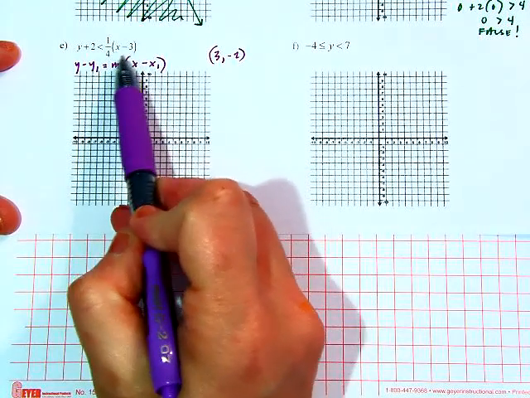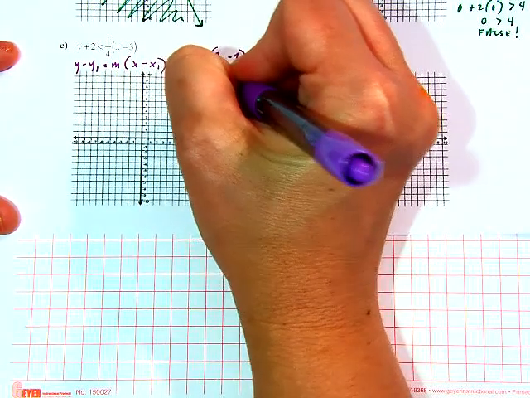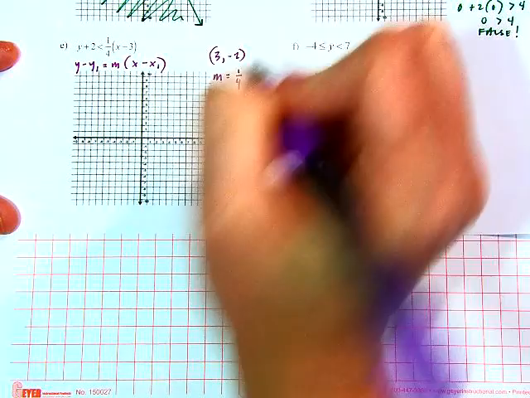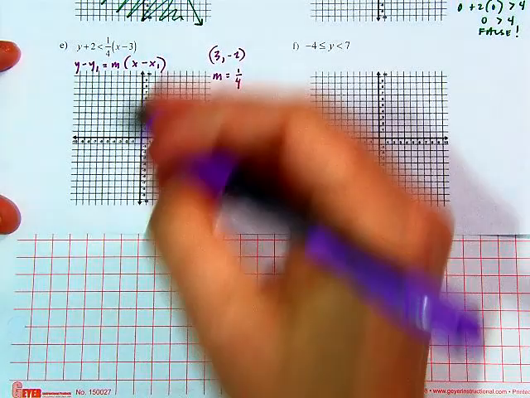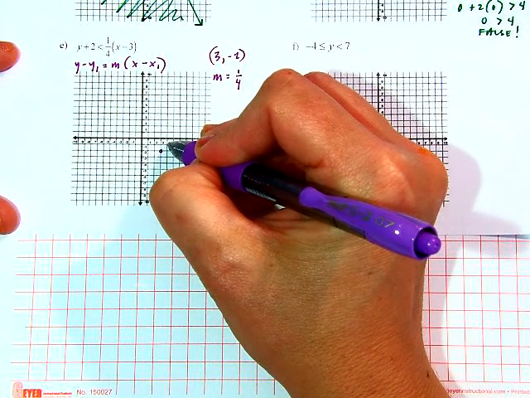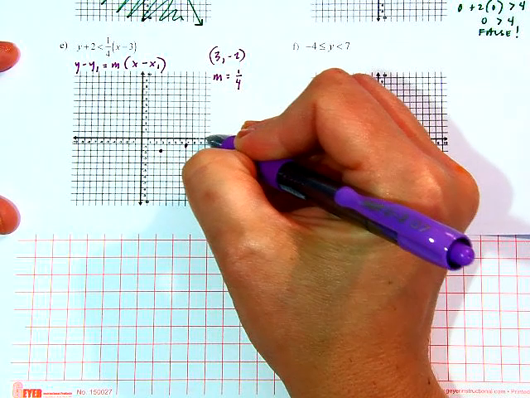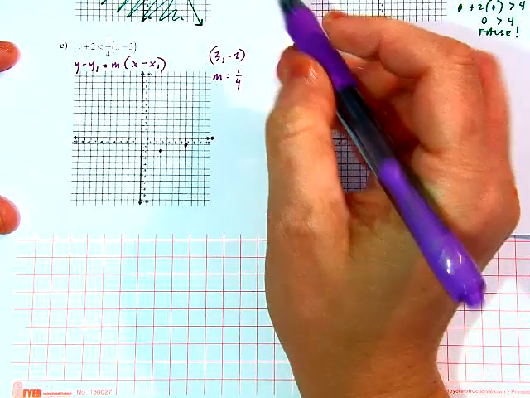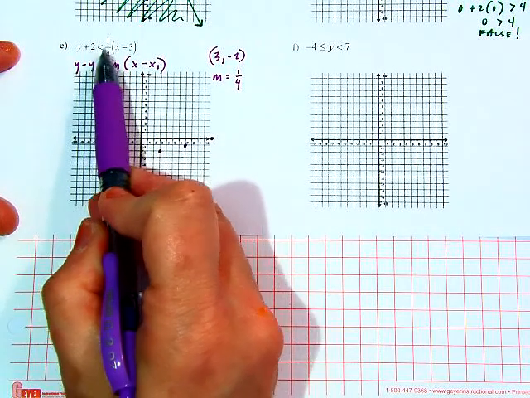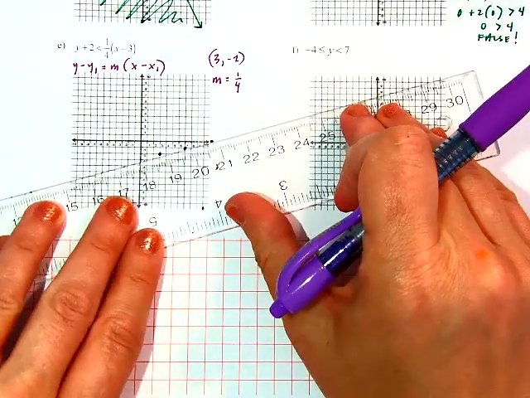So 3, negative 2 with a slope of 1/4. So I want to plot a point at 3, negative 2 right here. Go up 1 and right 4. Okay, and then here it's going to be dotted. It's not equal to, so a dotted line.